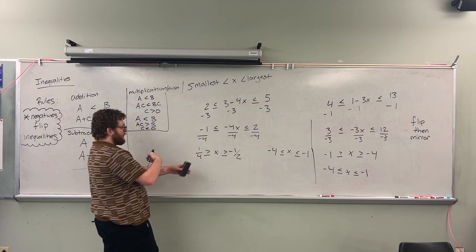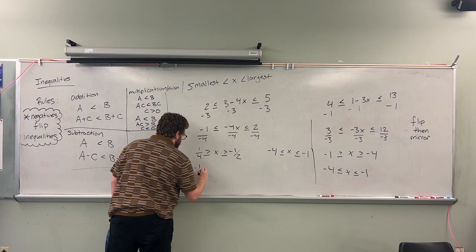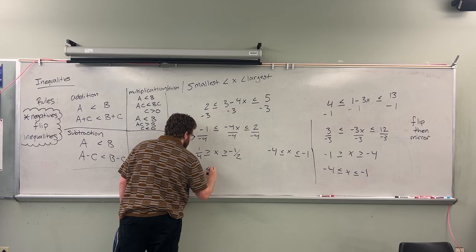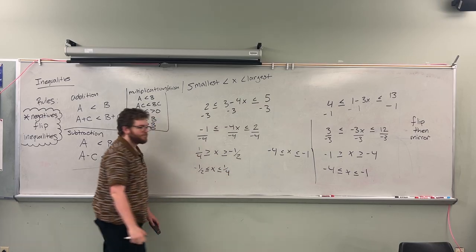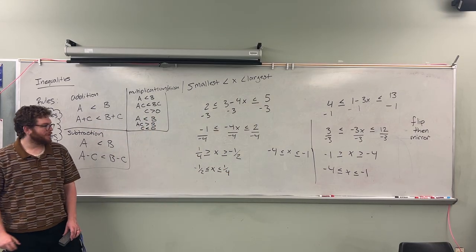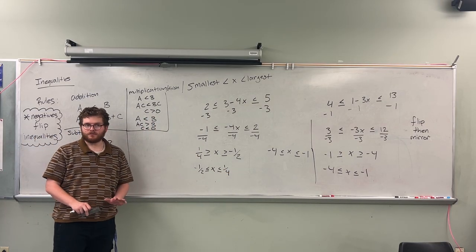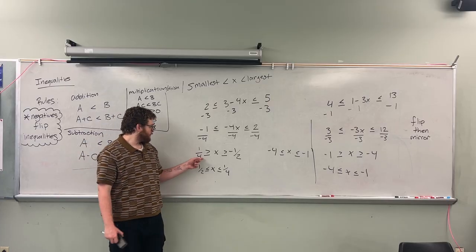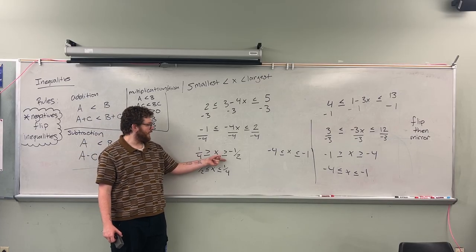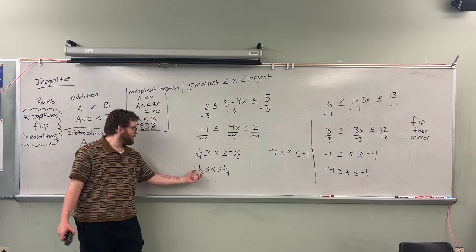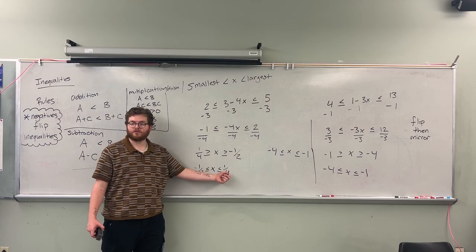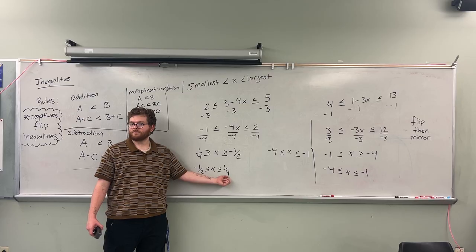And then I mirror the entire thing around. -1/2 now less than or equal to x less than or equal to 1/4. The whole mirroring thing should logically make a little sense, because if 1/4 is greater than or equal to -1/2, which is true, flipping it around, -1/2 should be less than or equal to 1/4.